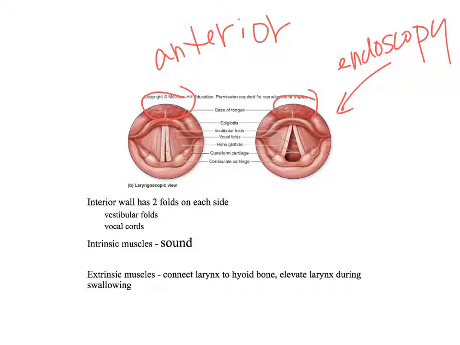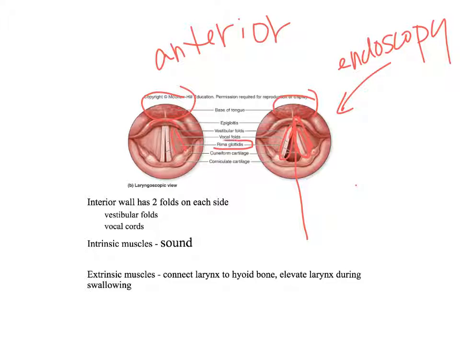What else you're going to see is the vestibular folds, which are out here. And then the vocal cords, which they're calling vocal folds now. When air passes through there, it vibrates them, and that's what makes sound.